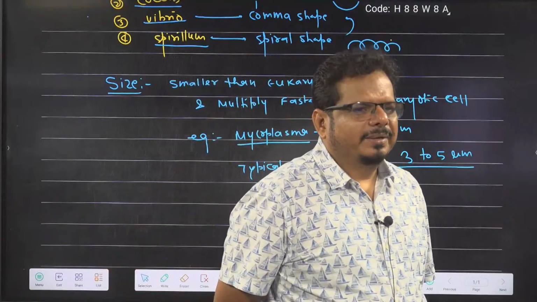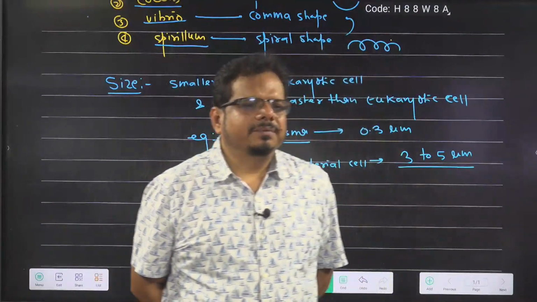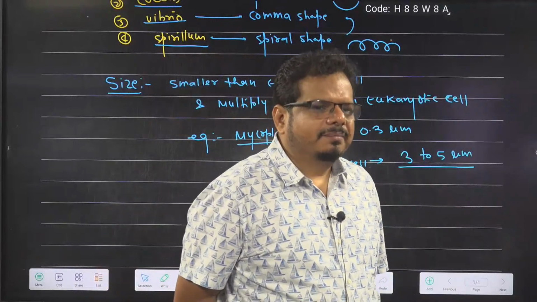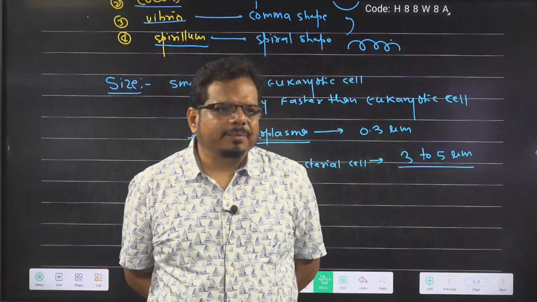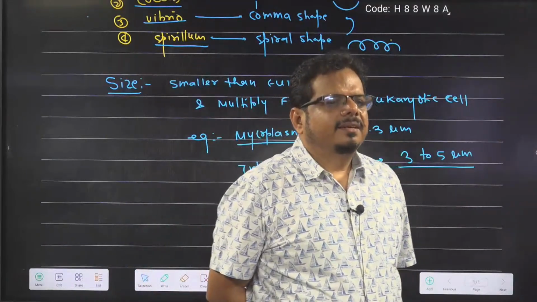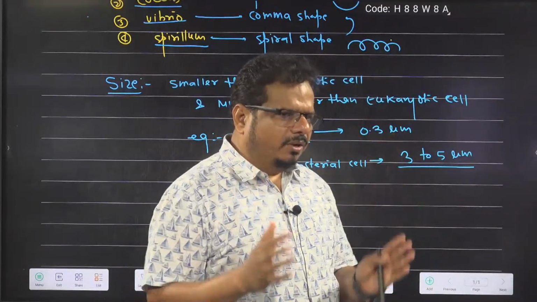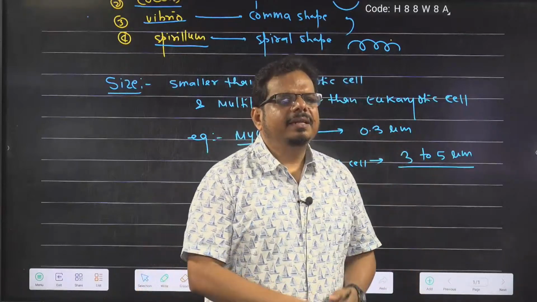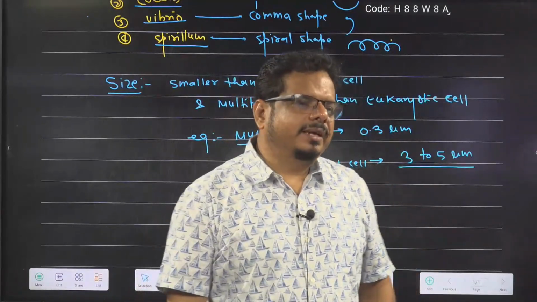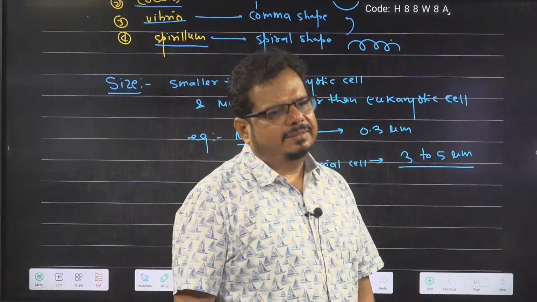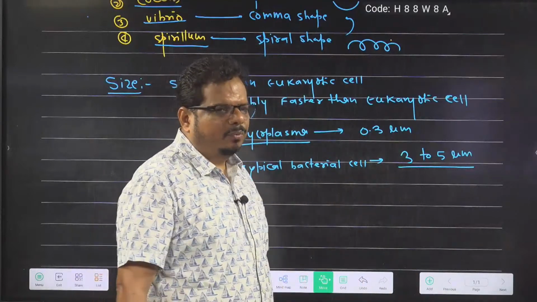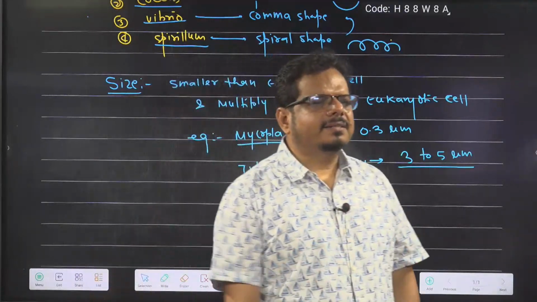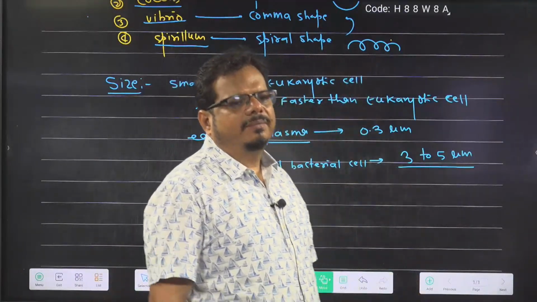Well done. Very good. Keep it up. Because we already studied, we proved it mathematically as well in the previous class. A smaller cell has more surface area to volume ratio than a bigger cell or bigger organism. Is it clear? We proved it previously, definitely. So students who attended that class, of course, you are able to connect with it.